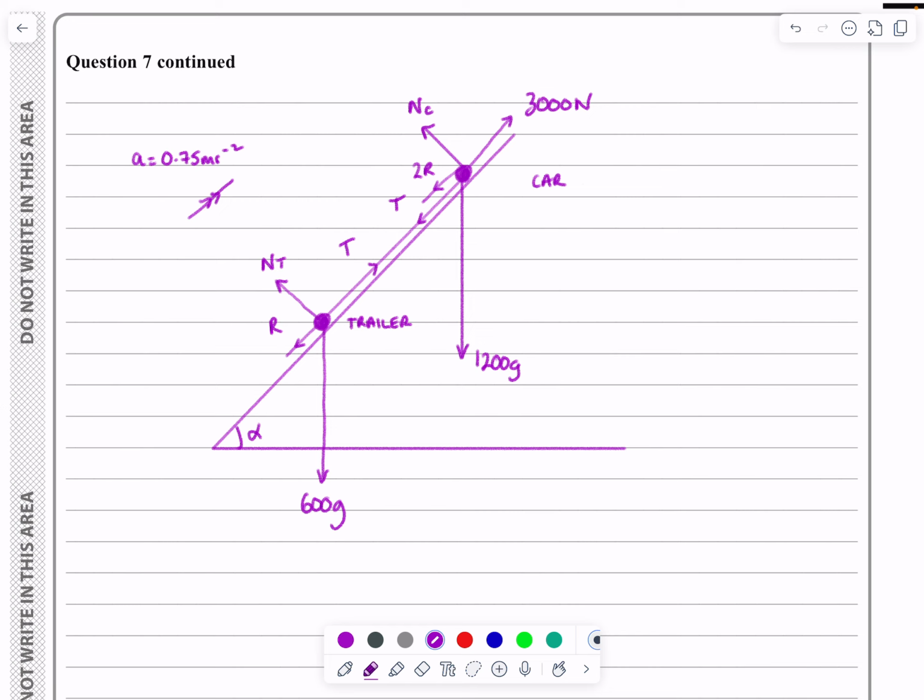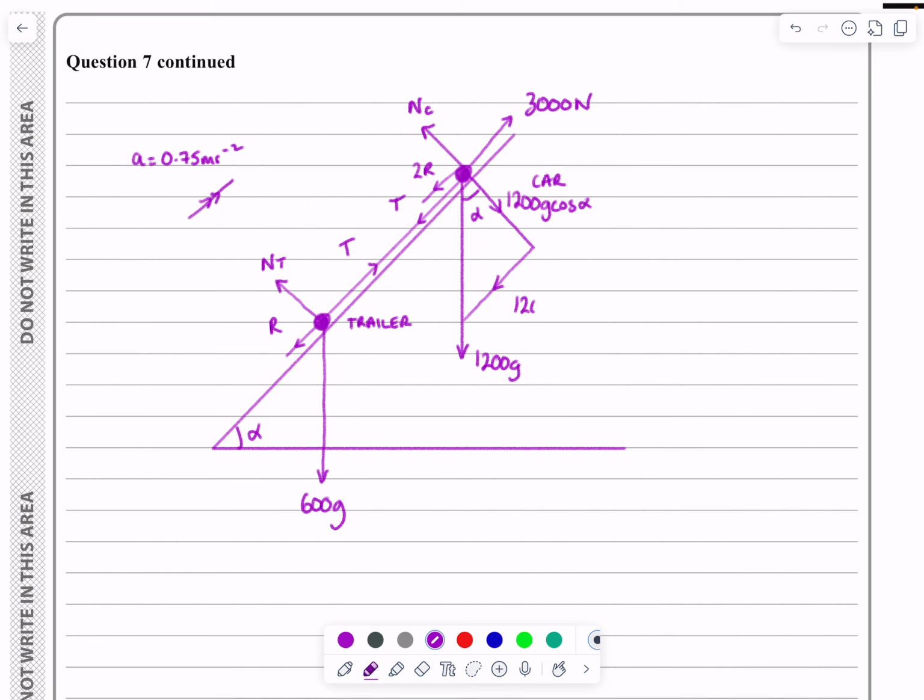What I want to do, obviously, is resolve in that direction and do F equals ma in that direction. In order to do that, even though I don't know it yet, I'm still going to put these on because it's what I do as standard. For the 1,200, that angle is equal to alpha, so this would be 1,200 G cos alpha. I don't actually need that in this question unusually, but I still put it on.